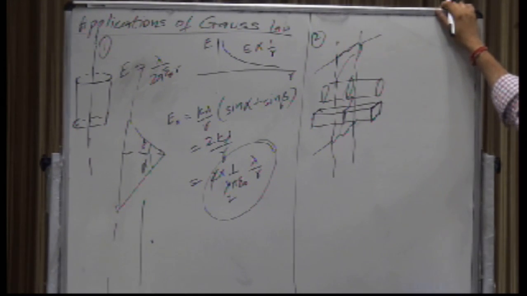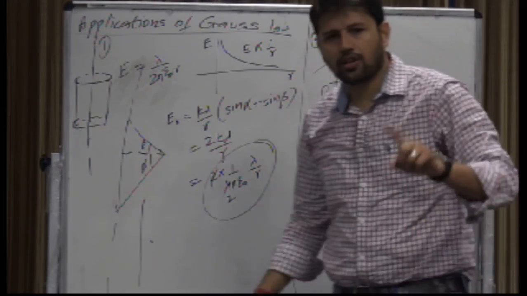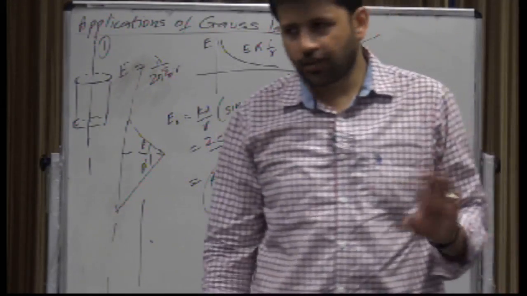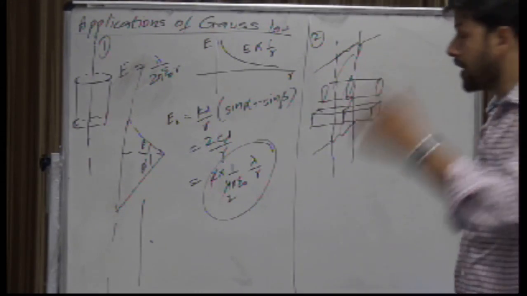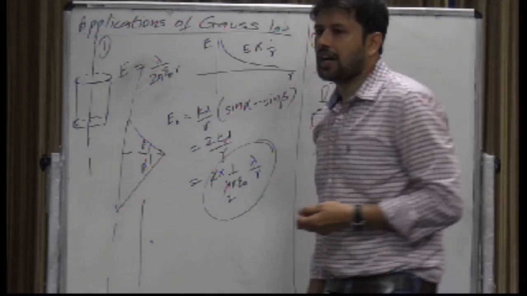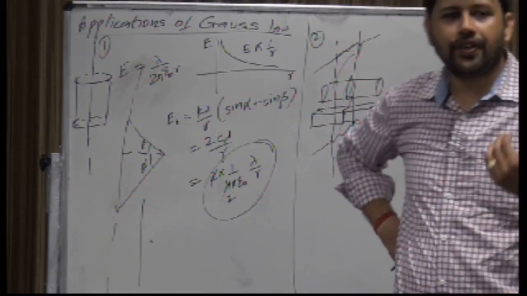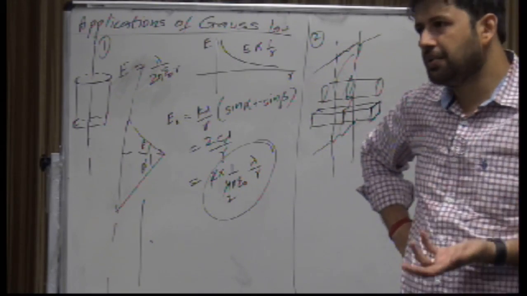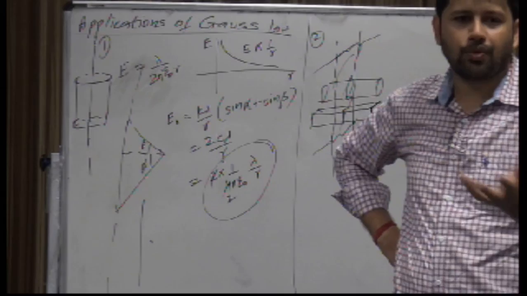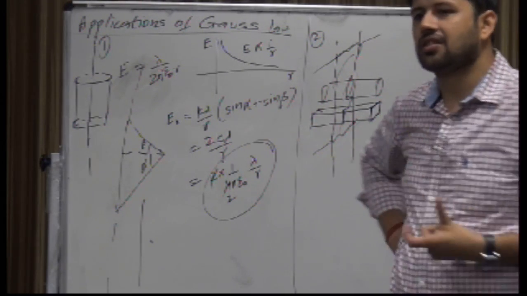See, Gauss law is a universal law. It is valid for regular, irregular, any type of closed surface, not valid for open surfaces. But the problem is that if the surface is irregular, and E or dA or the angle between them is varying at every other point, then how will you add all these quantities?